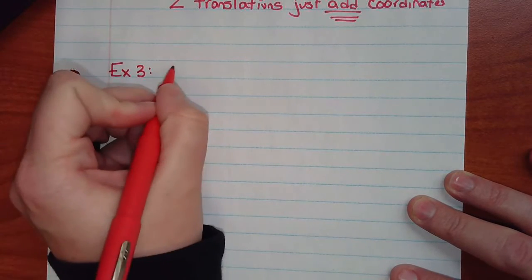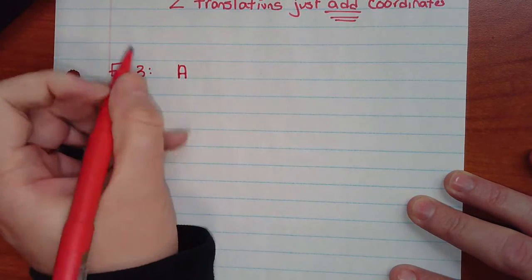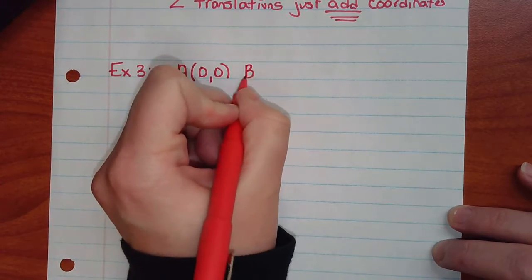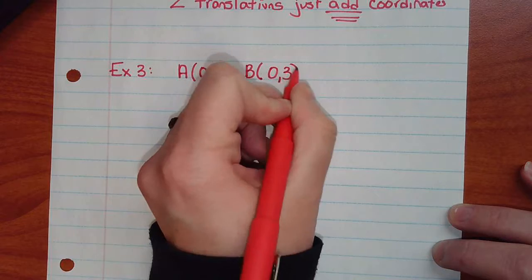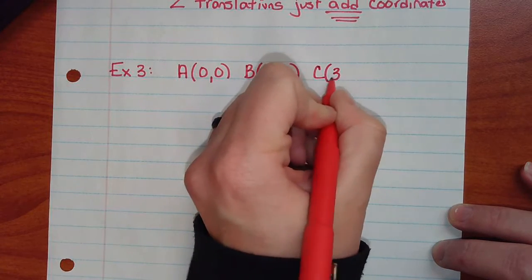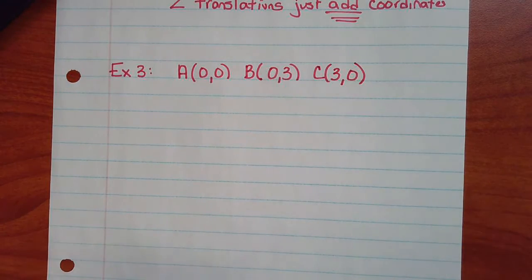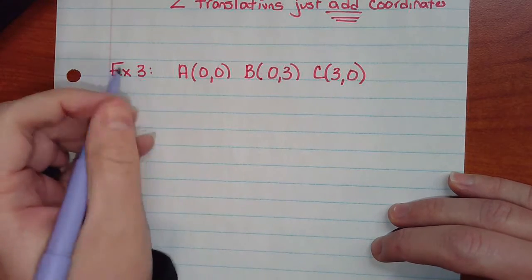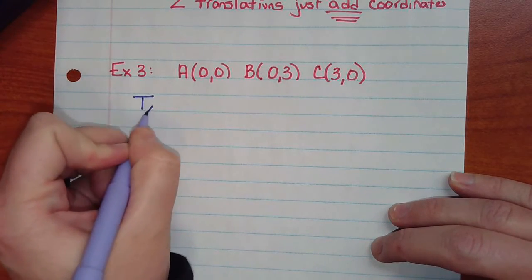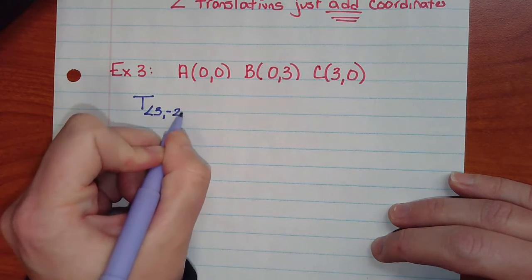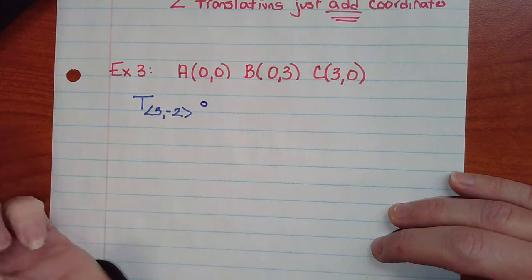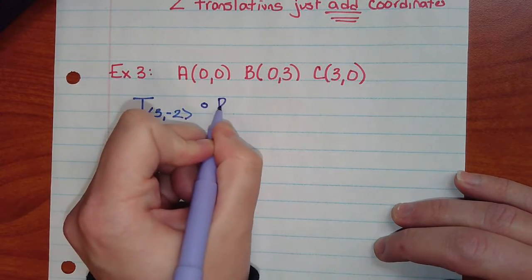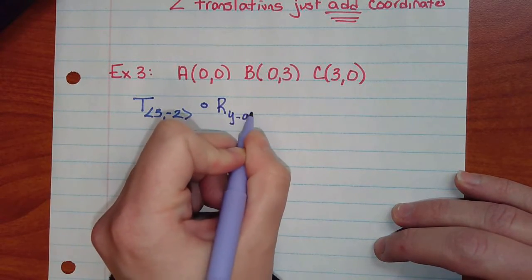If we have a triangle that has a point A at 0, 0, a point B at 0, 3, and a point C at 3, 0, what we want to do is we want to do a translation of 3, negative 2, composed with, so and, we want to reflect over the y-axis.